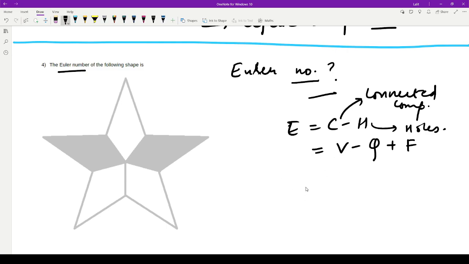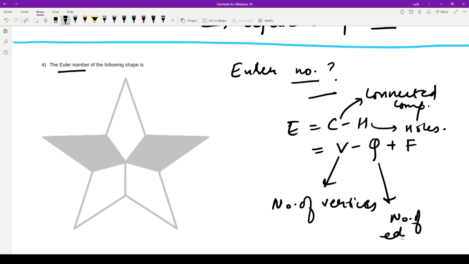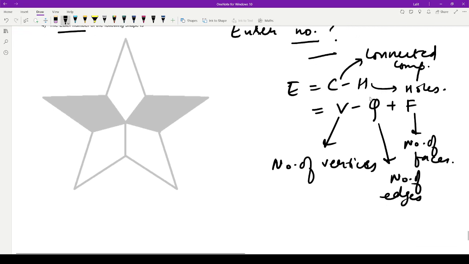It can also be described by V, which is the number of vertices, if you have a nice shape out there, Q is the number of edges, and F is the number of faces out there. Yeah.